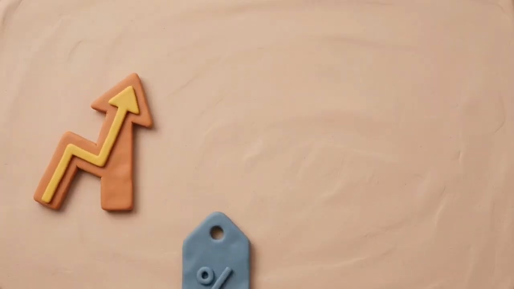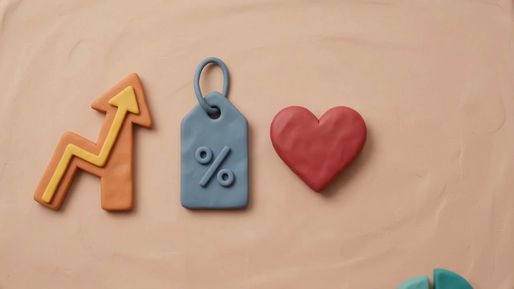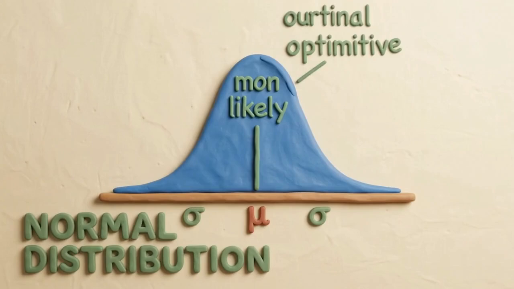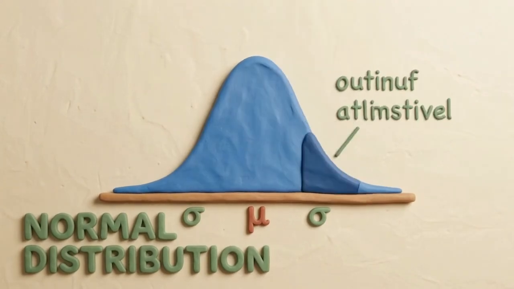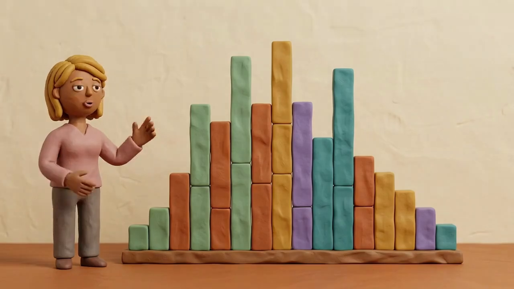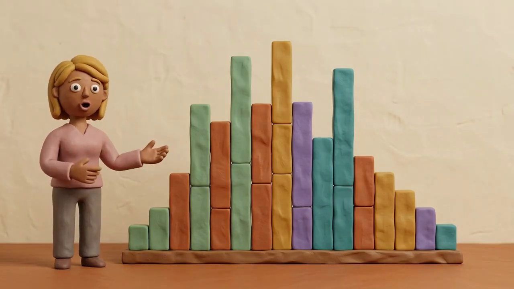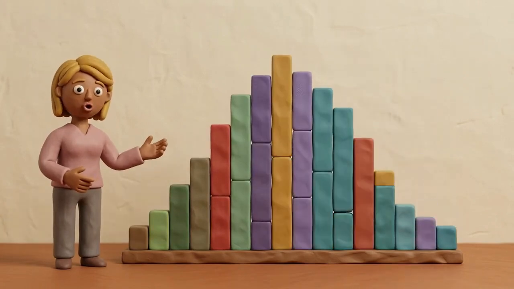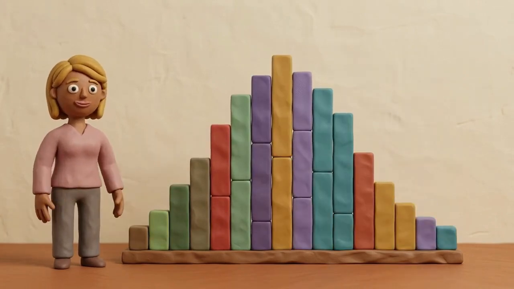Imagine you are looking at factors like revenue growth, profit margins, customer retention, or market share. Rather than picking a single number for each one, you define a realistic range, a probability distribution that captures the most likely, optimistic, and pessimistic scenarios. Then, the software rolls the dice for each variable, randomly selecting values from those ranges, and does this not once, but 1,000 times or more.